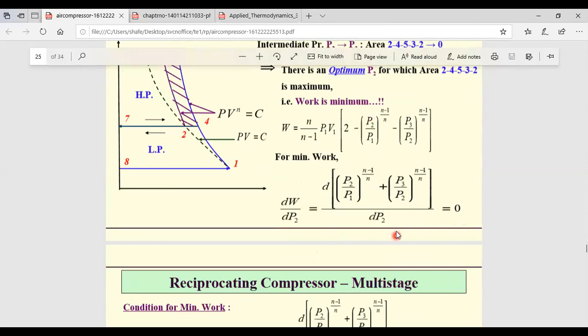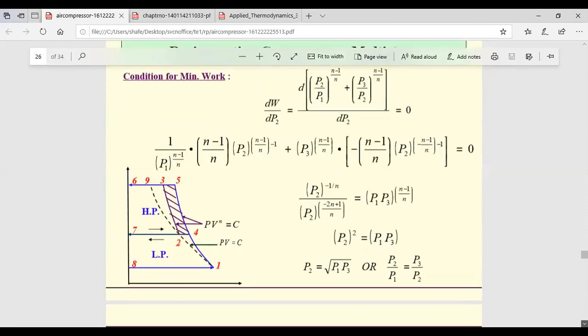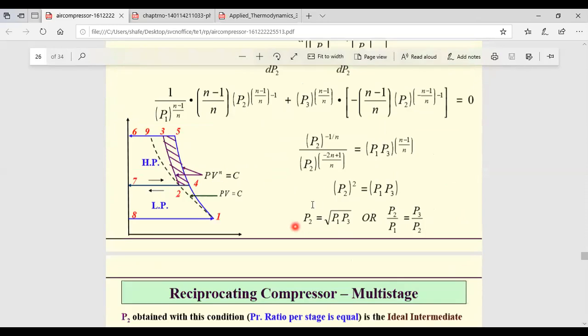And finally, for perfect intercooling, the minimum work consumed by the compressor is obtained when the condition for P2, the intermediate pressure, is root of P1 into P3. So if I know P1, assume that it is 1 and P3 is 9, then 1 into 9, root of 9, is 3.